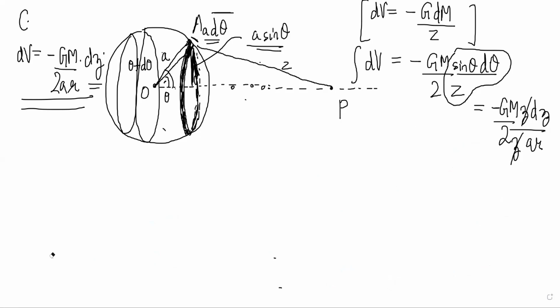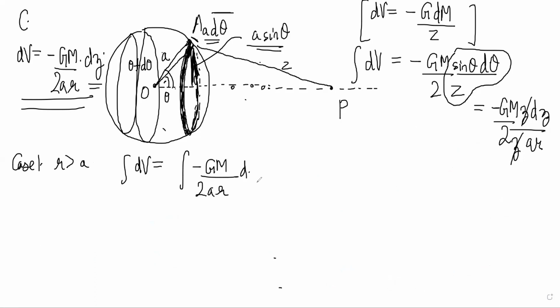So you will say case one, r is greater than a, then integral dV will be integral of minus GM by 2ar dz. These parts are constant. So all you have to think about is what is the limiting values of z as you bring the shell here, smallest shell, and here shell.